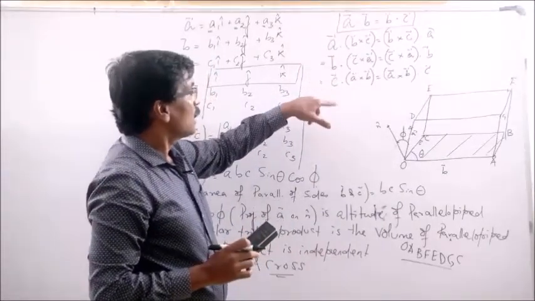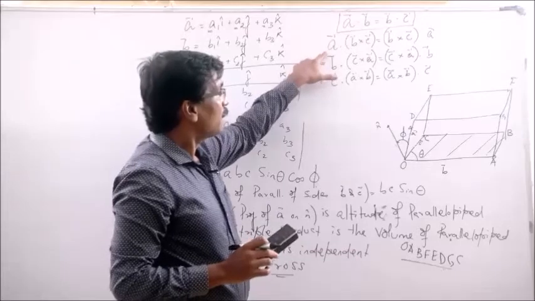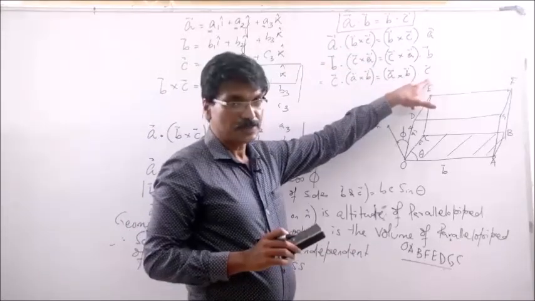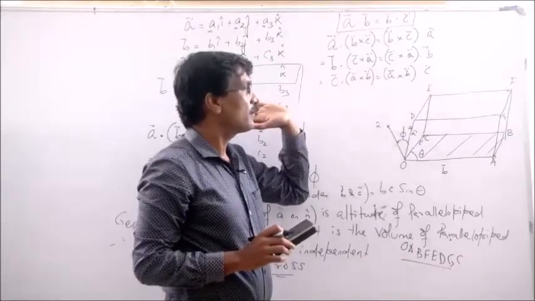Here we have A dot B cross C and here it is A cross B dot C. So, it does not depend upon the position of dot and cross.